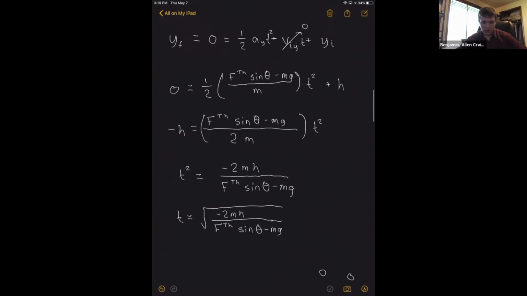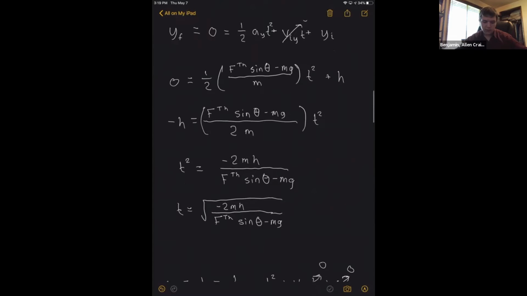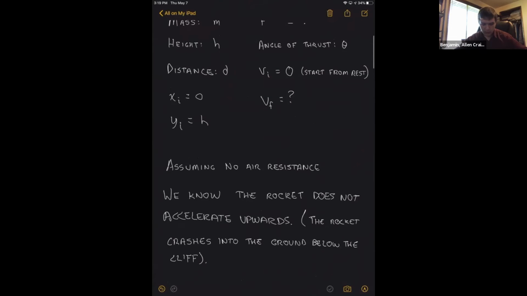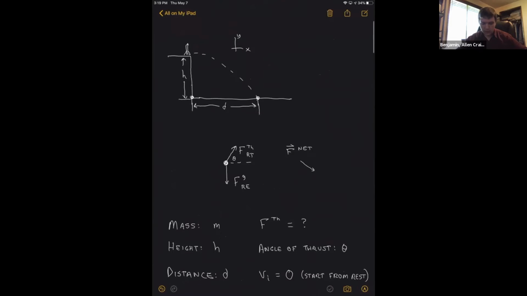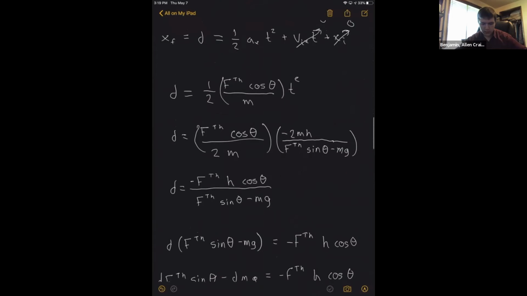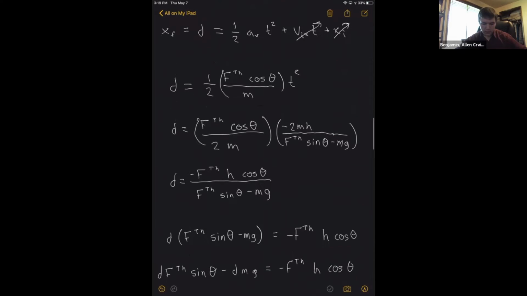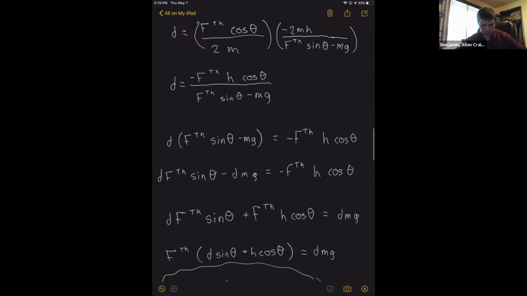We were able to do that since we knew that the final position in the y direction was going to be 0, since it ends up crashing into the ground, and the initial position was h, as represented in the diagram here. Then for the x direction, we used d as the final position, because that was the distance that it traveled from the cliff, and then plugged in our knowns and unknowns.